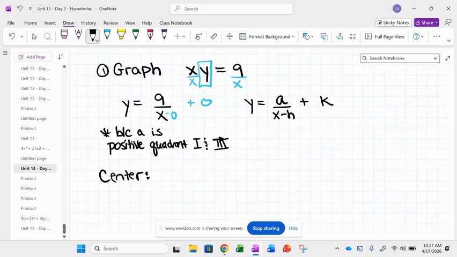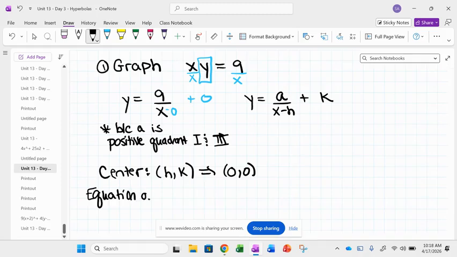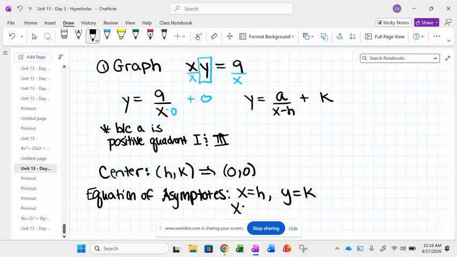What's my center point? Isn't our center h comma k always? And so this is 0, 0, which is the origin. Is it okay for the center to be the origin? Absolutely, that's perfectly fine. Now what I want is the equation of the asymptotes. So now the equation of the asymptotes is going to be x equals h and y equals k. So we're going to have x equals 0 and y equals 0.